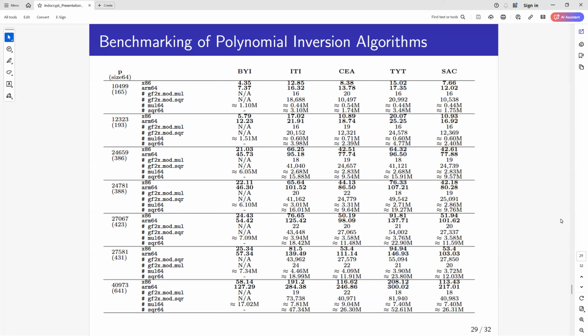So from the software implementation, we can see that BYI performs way better than the other two. But when we do the hardware implementation, we can skip these squarings, the square64, for the FLT-based algorithms. So in that case, FLT-based algorithms will perform better compared to BYI.